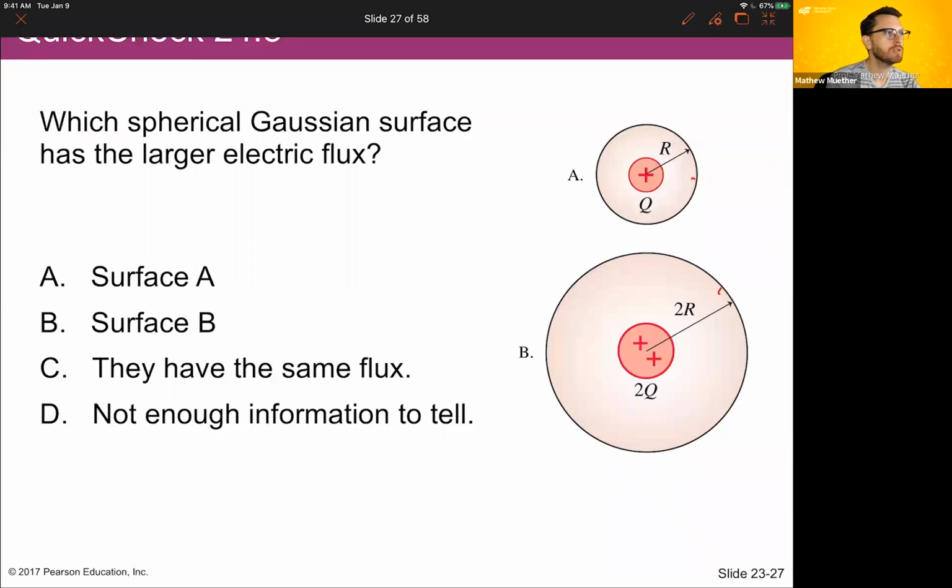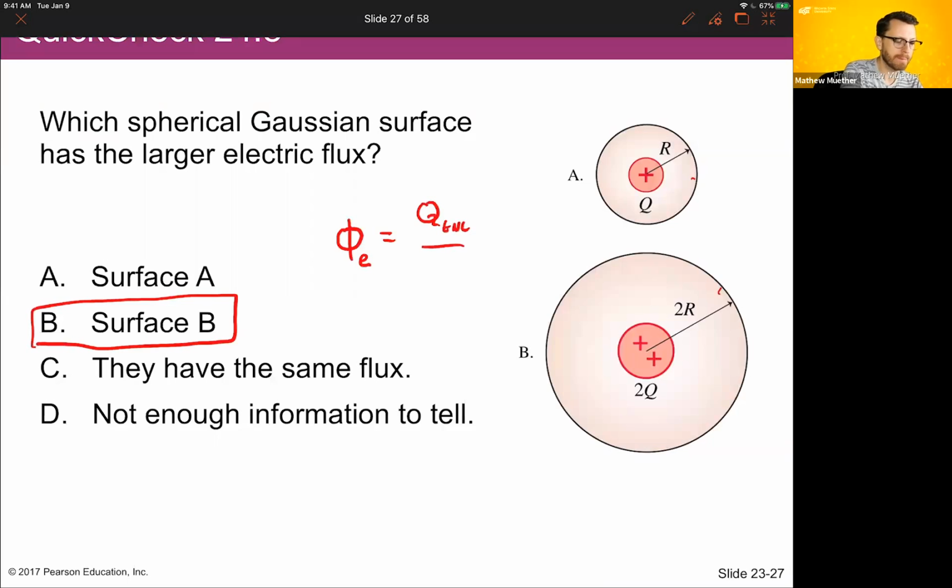Okay, most of you selected B, and that's correct. Why is it B? Because Gauss's law tells us that the flux, the electric flux through the surface, is just equal to the enclosed charge. It doesn't care about the shape of the Gaussian surface.